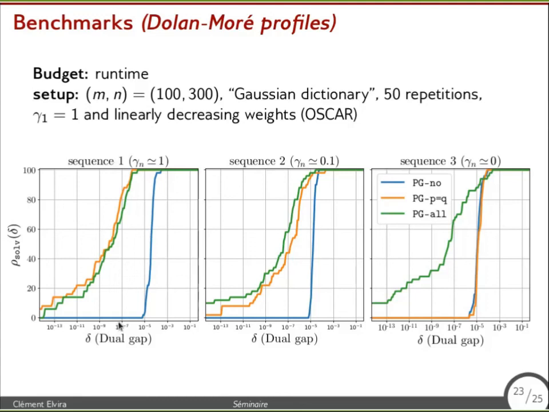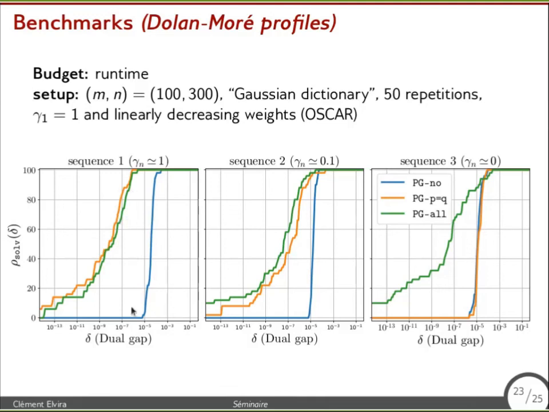For instance, on this plot I can see that the vanilla algorithm has solved 0 instances up to a duality gap of 10 to the power of -7, whereas 90% of the instances of the slope problem have been solved with the algorithm using screening.